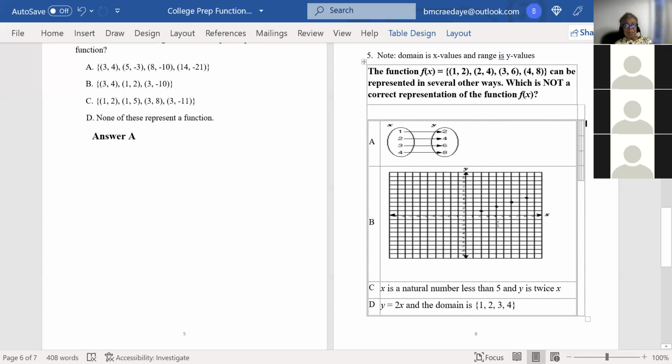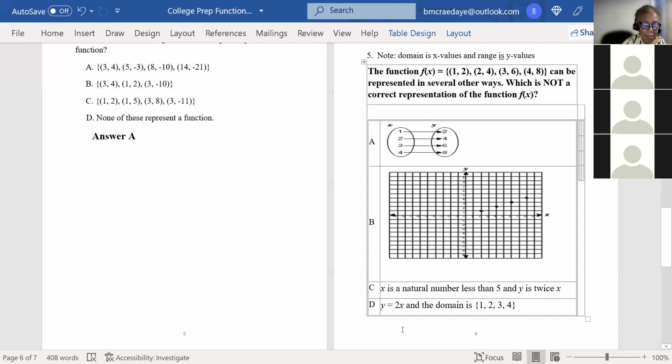So actually this graph is representing the reverse, right? It has a 2 and a 1, a 4 and a 2, a 6 and a 3, and an 8 and a 4. So it has the X where the Y is and the Y where the X is. So this answer would be B. B is not a representation because the X values don't match the X values. They have the X values matching the Y values and the Y values matching the X values.